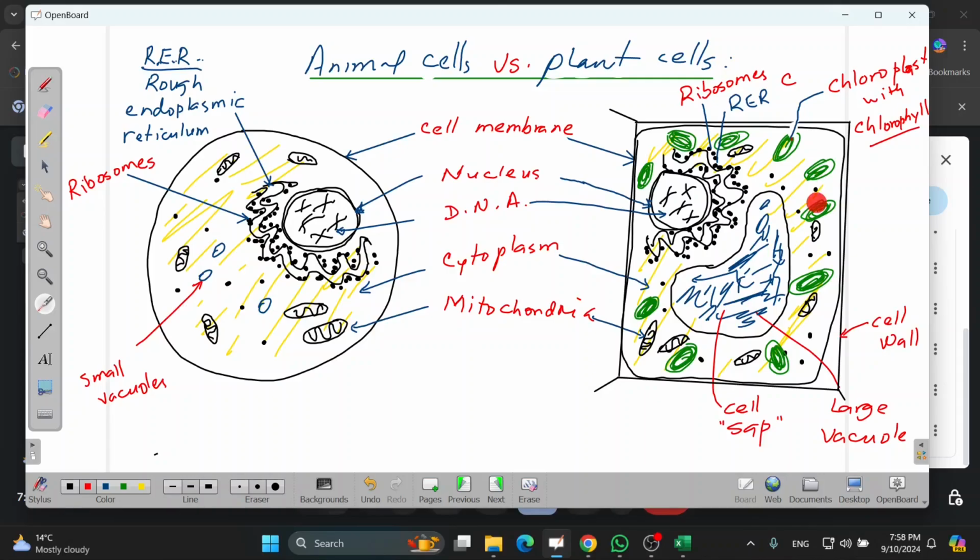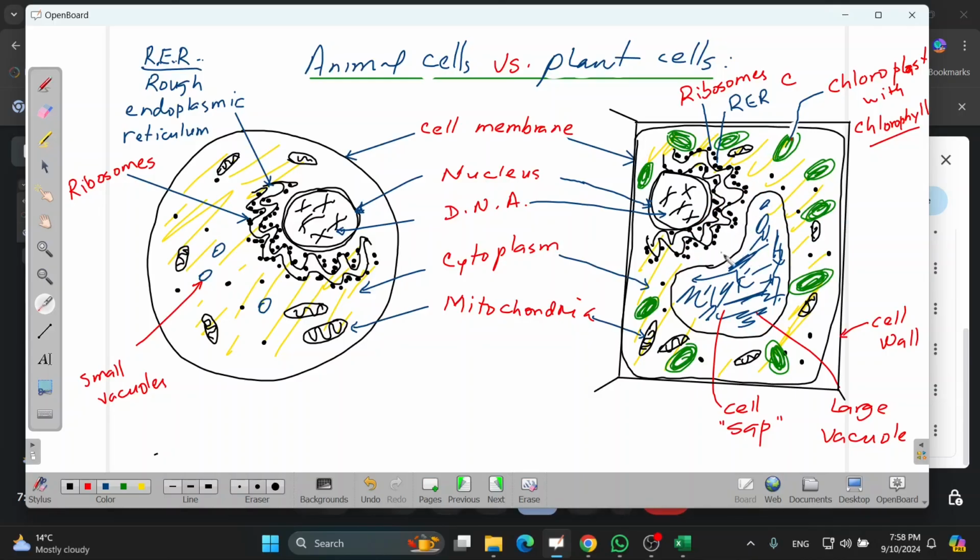Because there is where they do photosynthesis. You see, plant cells do photosynthesis on the chloroplast. They use the chlorophyll to catch sunlight energy, and then they put together carbon dioxide that they take from the air and water that they take from underground, and that will produce glucose, which is the form of food that plants produce in the first place.